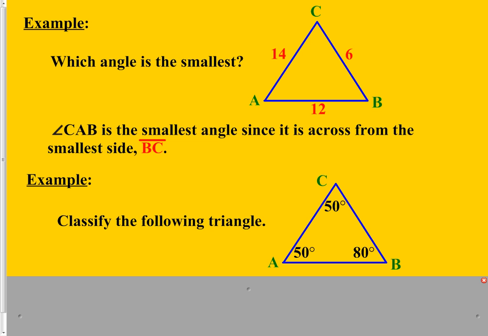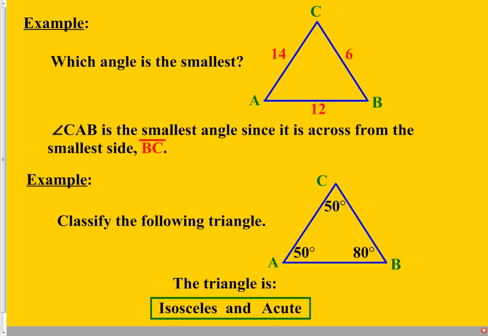And what is the term for triangles that have at least two sides that are the same measurement? That term was isosceles. Okay, so this triangle is acute. All three angles are smaller than 90, and it is isosceles because there's going to be two sides that are the same length.